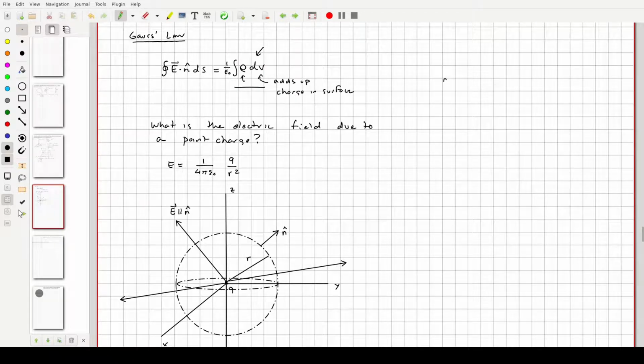On the left-hand side, I have the integral over the closed surface, E dot n hat dS, and on the right-hand side, I have q over epsilon naught.